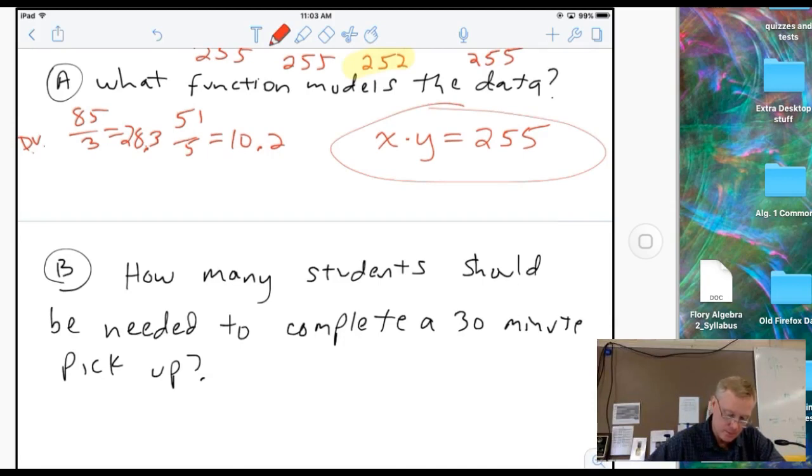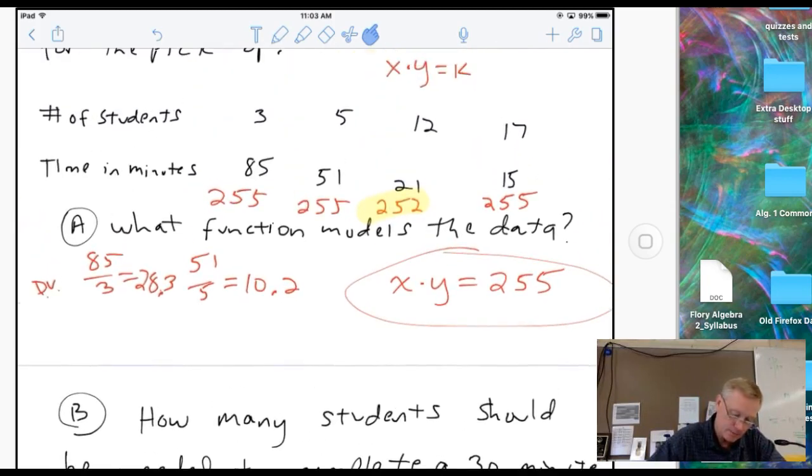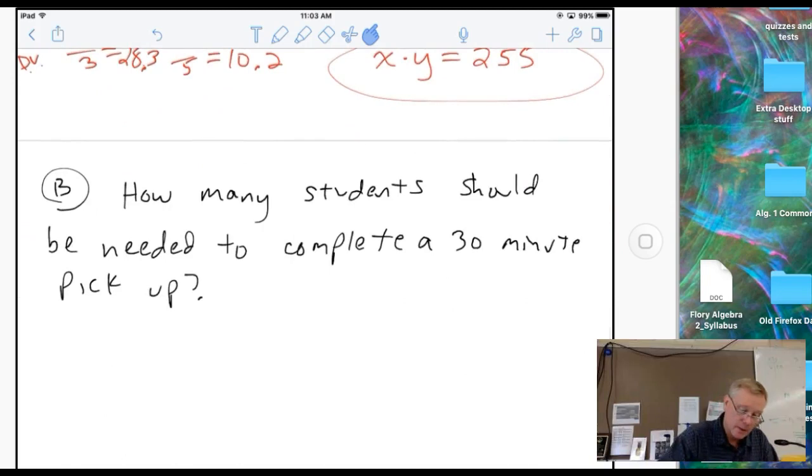What function models it? Okay, and now that I have that, I've got x and y. Actually, it could be either one. X could be the number of students, or the amount of time. So once I've got this, x times y equals 255, and I want to know how many students.